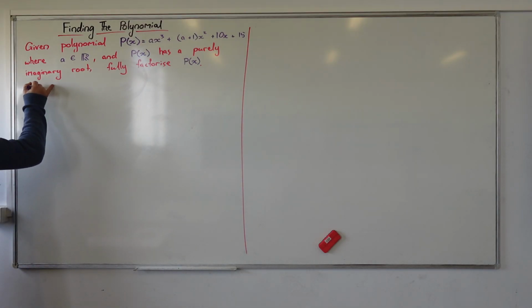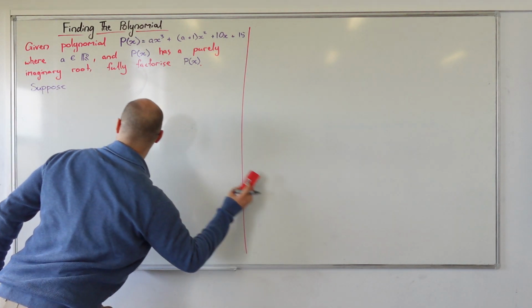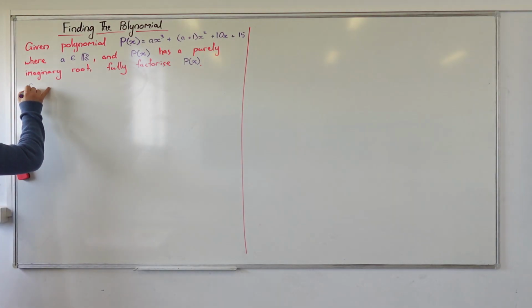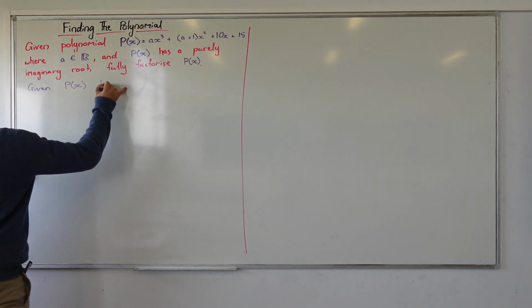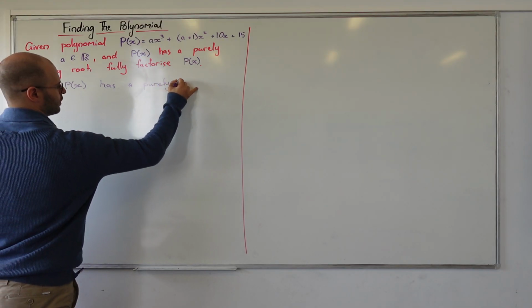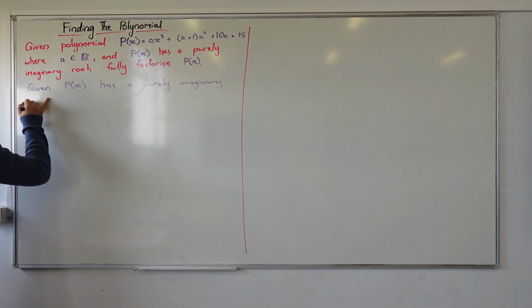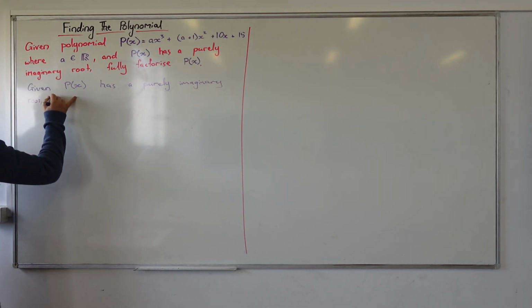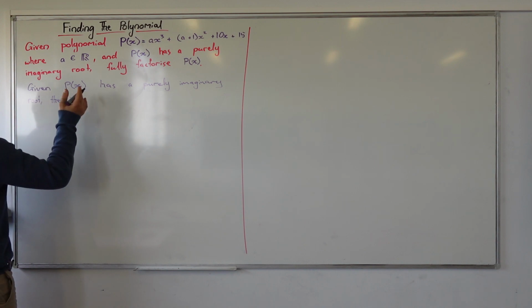Suppose, given p of x has a purely imaginary root, then suppose that the root is going to be, what is it then?